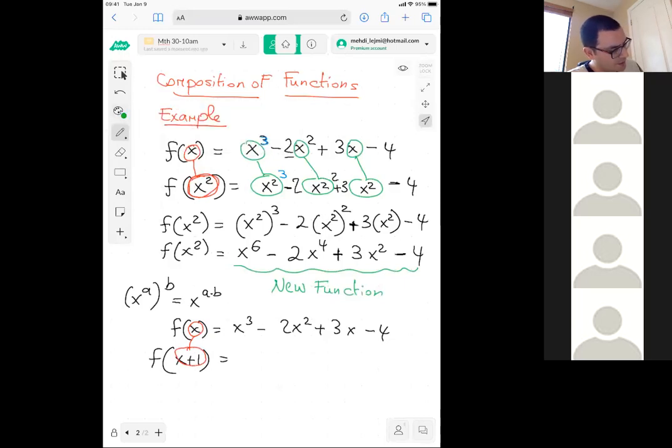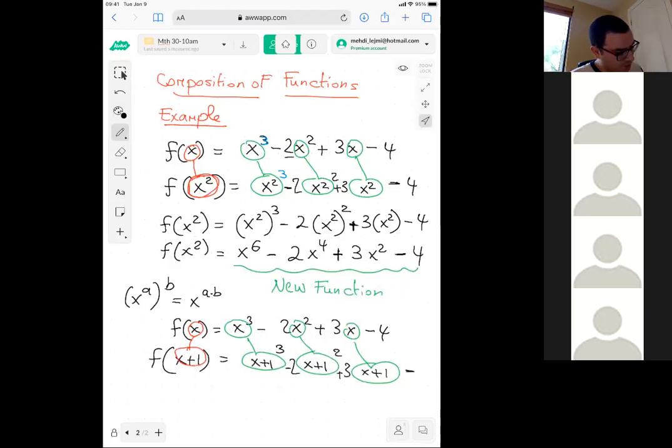So this x here is going to be x plus 1, x here, x plus 1, and here x plus 1, and I'm going to keep the same powers, of course. This is cubed here, then this is minus 2 times x plus 1 squared, plus 3 times x plus 1, and then minus 4.